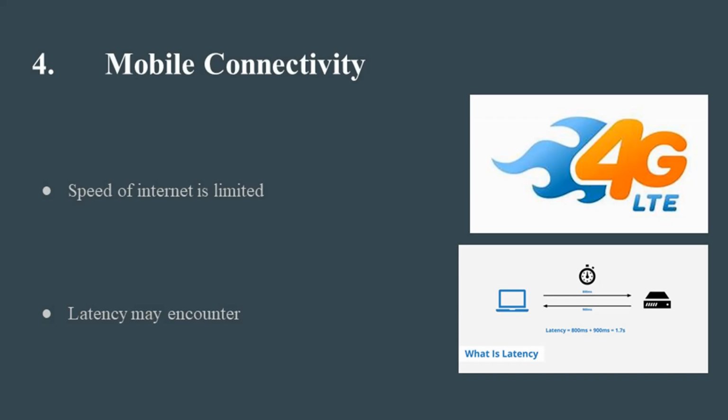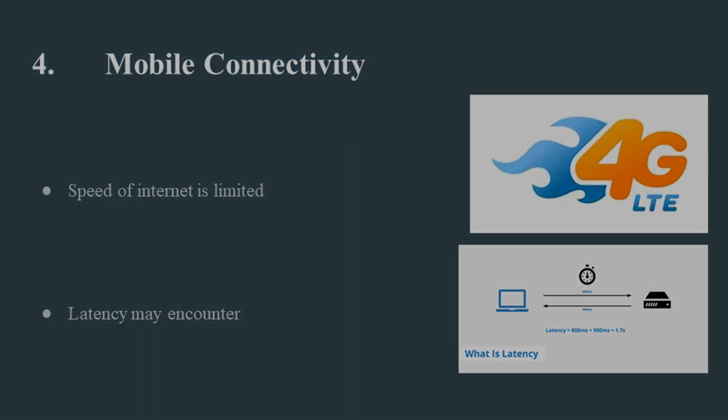And move on to mobile connectivity. 4G LTE is the fastest speed we can use right now, which may cause latency when we are using AR and VR. It will also become one of the barriers to applying it in different fields.